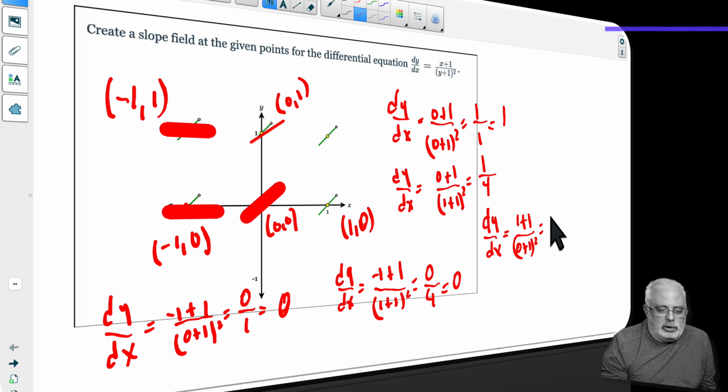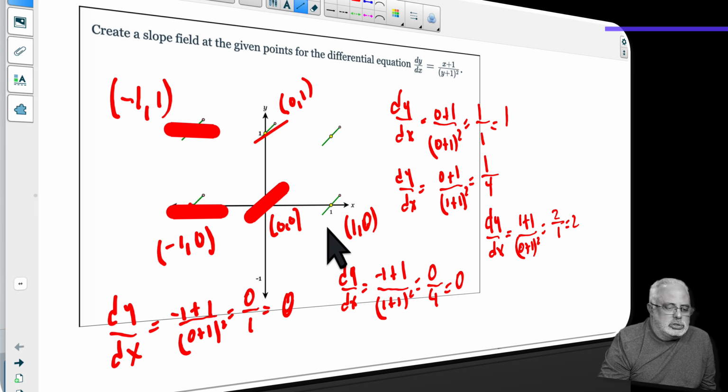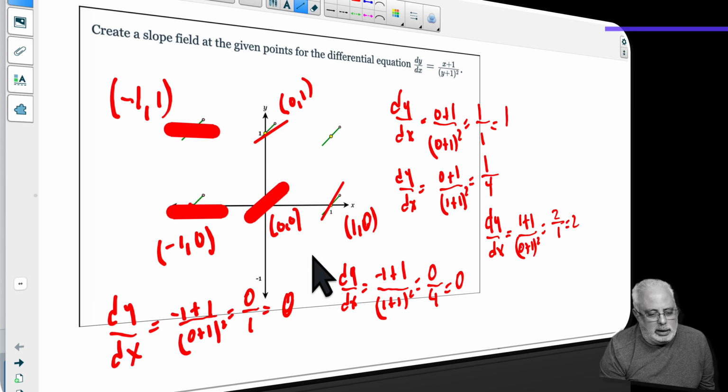So the slope here is 2 over 1 to the second power, which is 1, so 2 over 1, which is 2. So the slope here is 2, positive. So a little bit steeper than 1/4, steeper than 1.